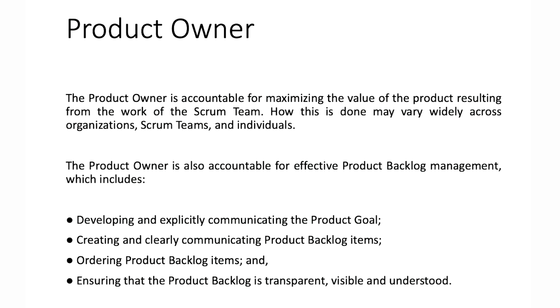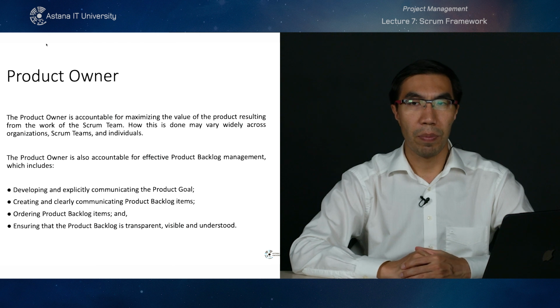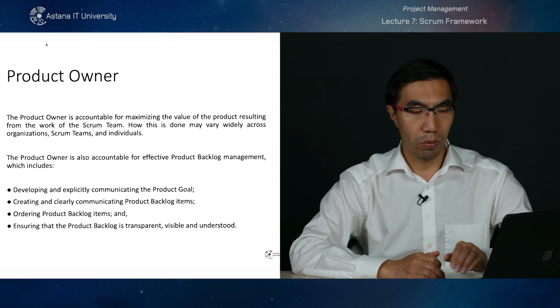So as a product owner, you need to develop and explicitly communicate the product goal, create and clearly communicate product backlog items to the Scrum team, order product backlog items, and ensure that the product backlog is transparent, visible, and understood. So the product owner is responsible for prioritizing the items in the product backlog and for product backlog grooming.